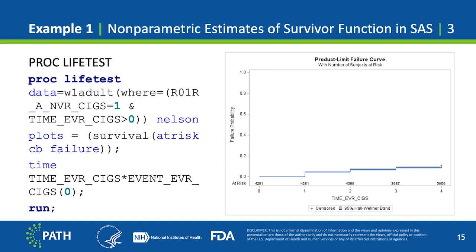If you are interested in failure rates, one possible way to do it is to add the failure statement in the plots function. So this plot is of the failure rate. Recall that the failure rate is 1 minus the survival rate. That's why the curve starts from 0 and just keeps going up when some people begin cigarette use at each wave.